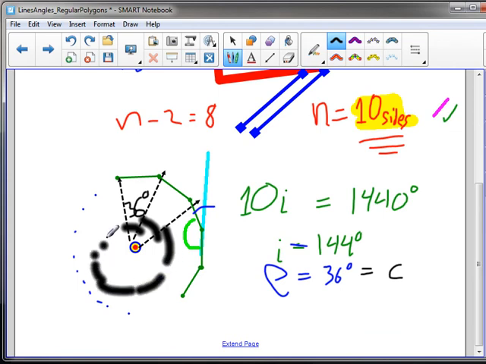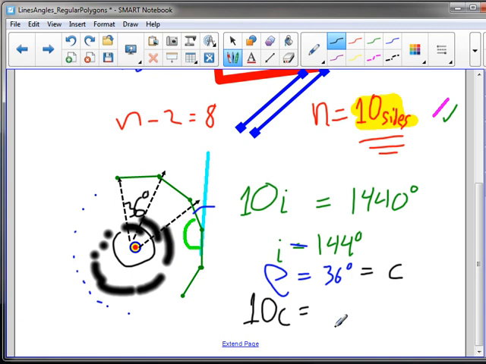I didn't draw them all, but there's 10 of them, one for every side. So 10 central angles, and here's the punchline: what do they all add up to? They add up to 360 degrees. So all of a sudden we know each central angle is 36 degrees, exactly the same as an exterior angle.